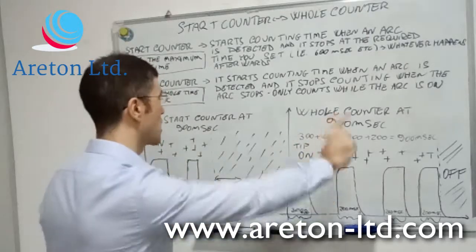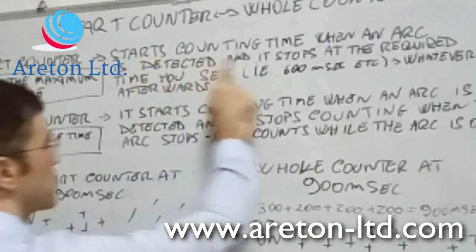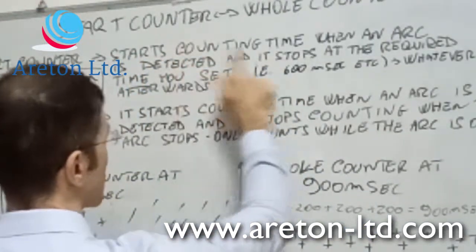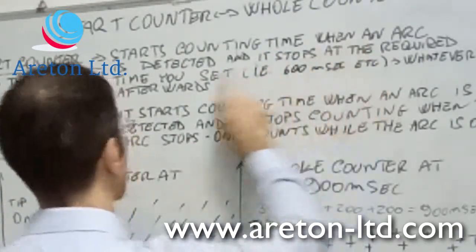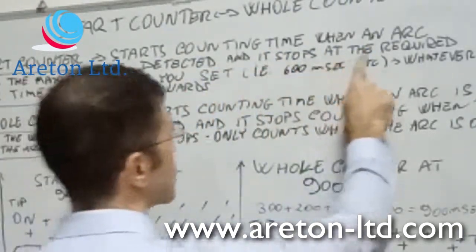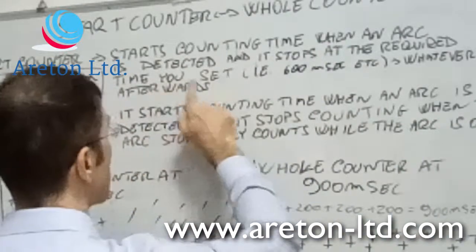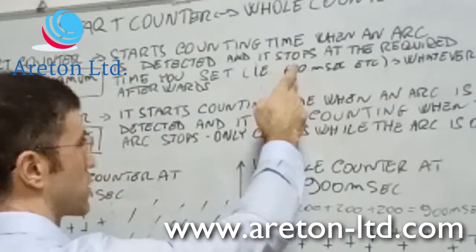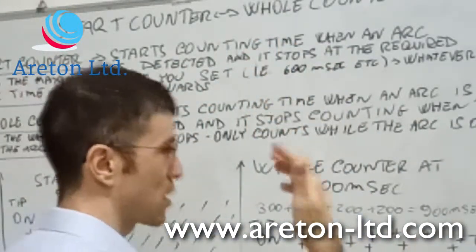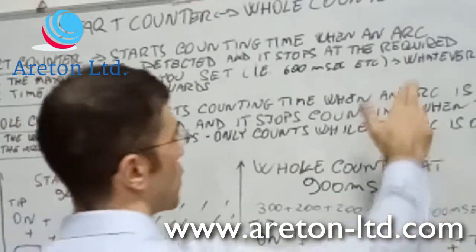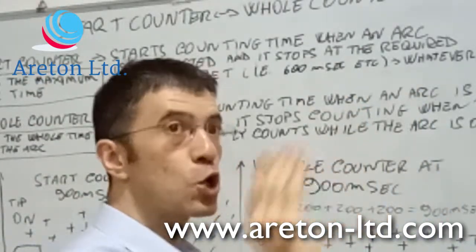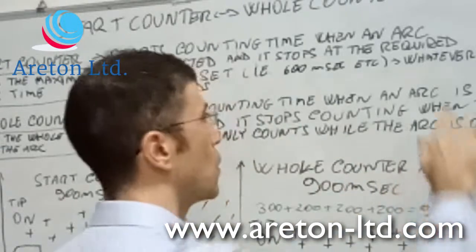Very important, because the start counter starts counting time when an arc is detected, and it stops at the required time you set. For example, 600 milliseconds, 900 milliseconds, whatever you tell it to count to.